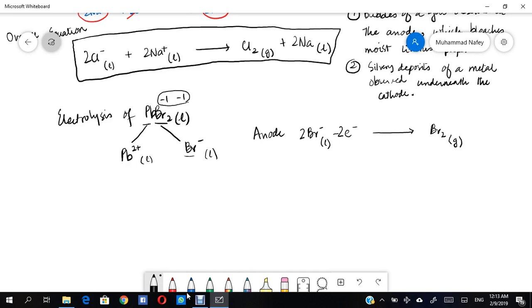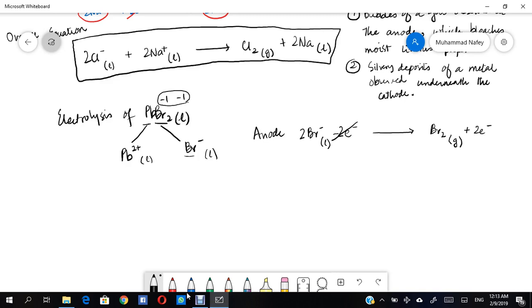At those extremely high temperatures, bromine cannot exist as a liquid, and therefore it vaporizes to form a gas. That is the reason why I've written G here and not L, even though bromine is a volatile liquid at room temperature. The third mistake is that no chemical equations have minuses. So loss on one side is basically production on the other side, and therefore we write plus 2e minus here.